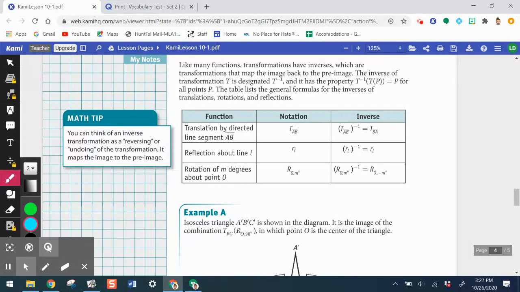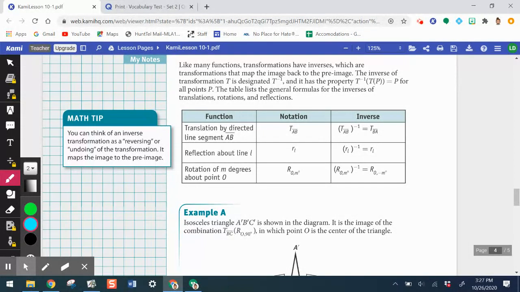So the last thing we're going to look at in lesson 10-1 is the inverse of these transformations. So it says, like many functions, transformations have inverses, which are transformations that map the image. Typically, remember, the image is at the end of the transformation. So we're going to try to map that back to where it all began at the pre-image. So the inverse of transformation T is designated T to the negative first power.